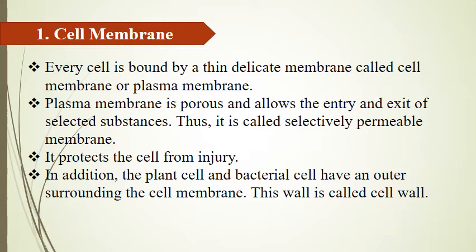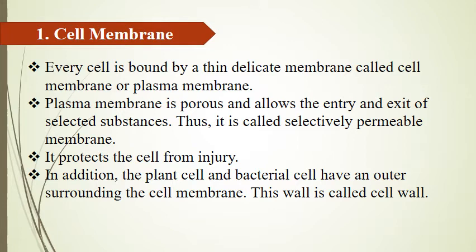Means not everything will enter the cell, not everything will leave the cell. So only selected substances are allowed to enter and exit. That's why plasma membrane is called selectively permeable membrane, because it selects and then allows entry and exit of the substances. It protects the cell from injury.